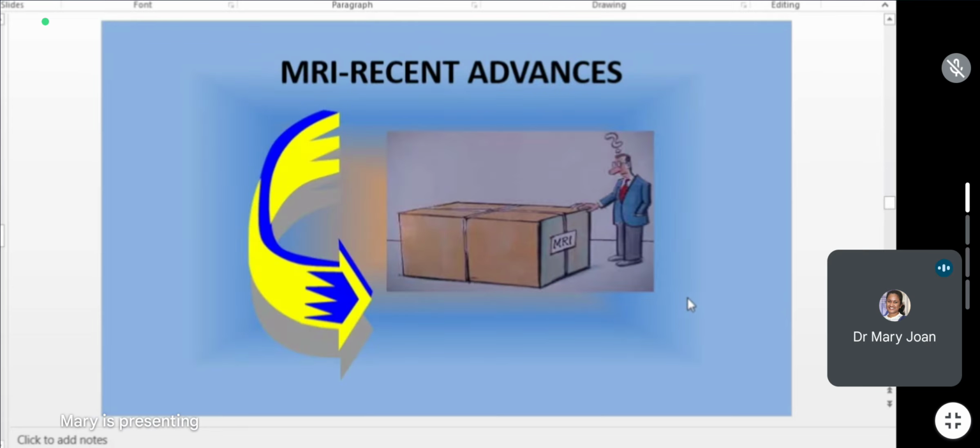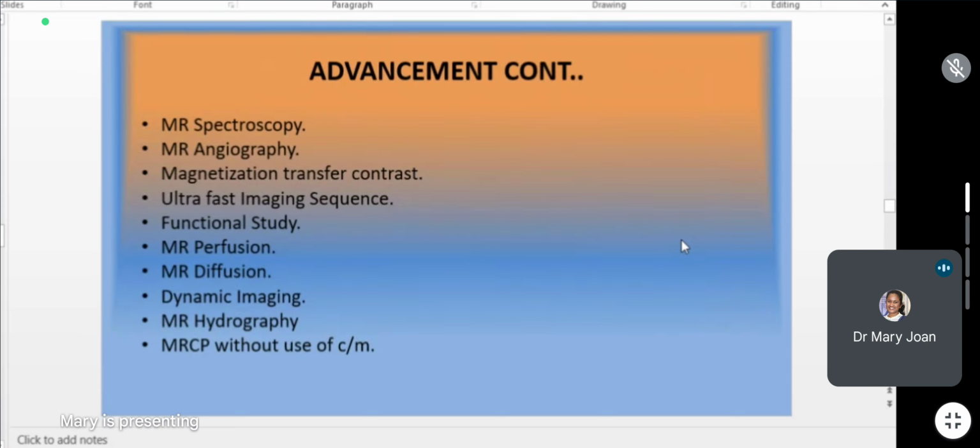And we are coming to some of the recent advances in MRI. Basically the fundamental principles all remain the same. Depending on our clinical requirement, we will modify these things to get whatever desired output we need.